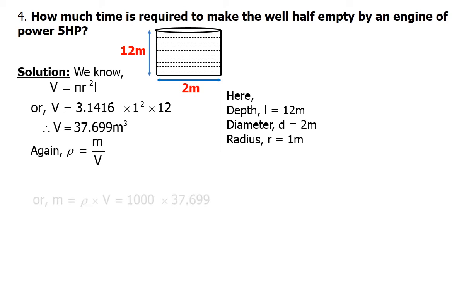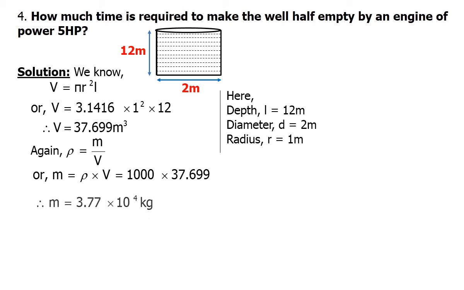From the formula we can write m equals rho into v. Here rho is the density, whose value is 1000, and v is 37.699. Putting the value, we will get the result 3.77 into 10 to the power 4 kg.